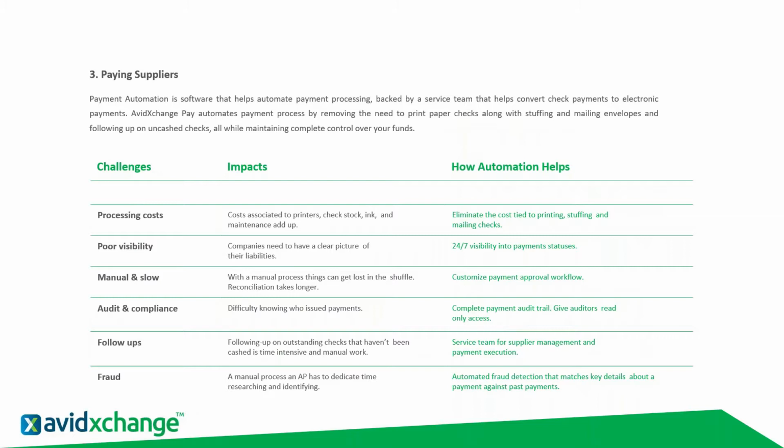Some of the challenges we're going to see here: processing costs. We've already determined that checks are expensive. It takes a lot to keep up with that. It's a tough way of doing things, sending checks off each and every day. We can automate that and take that burden off the team. There's also no visibility.